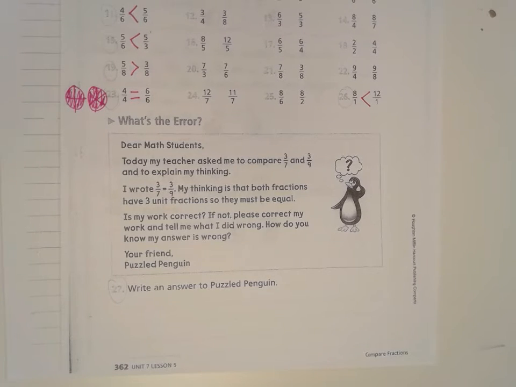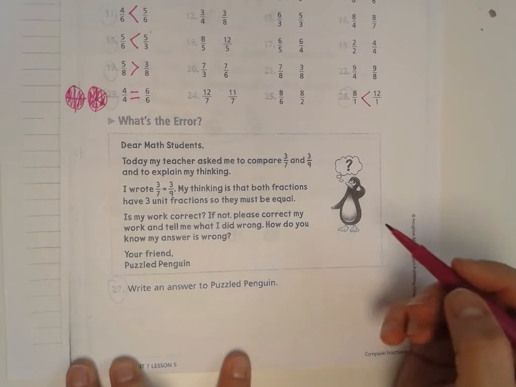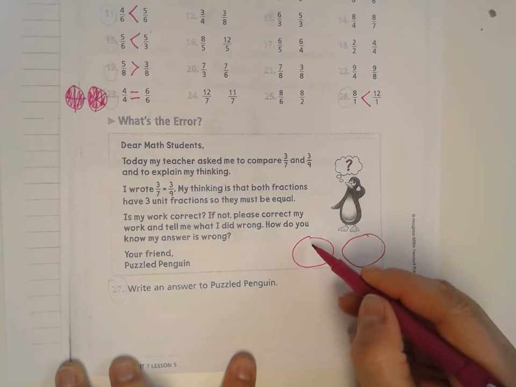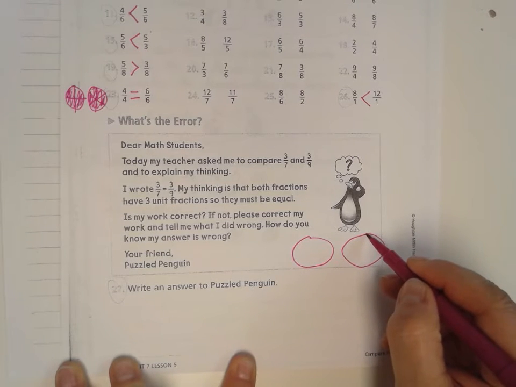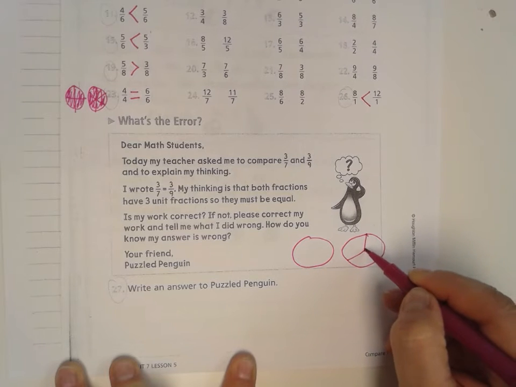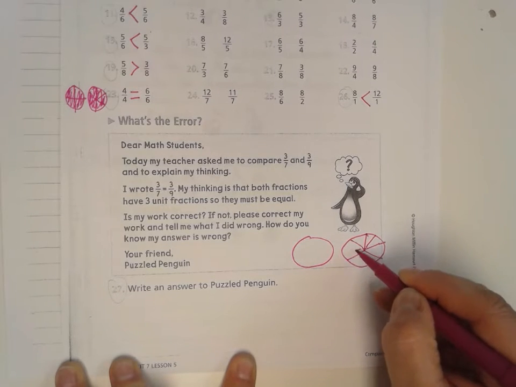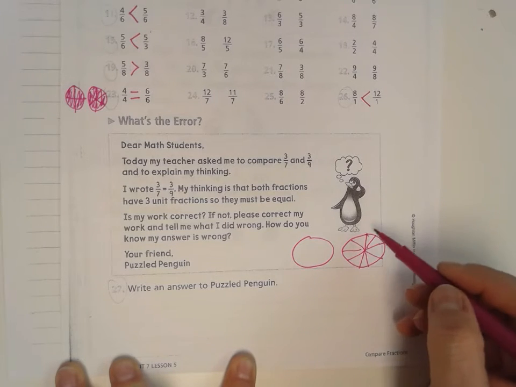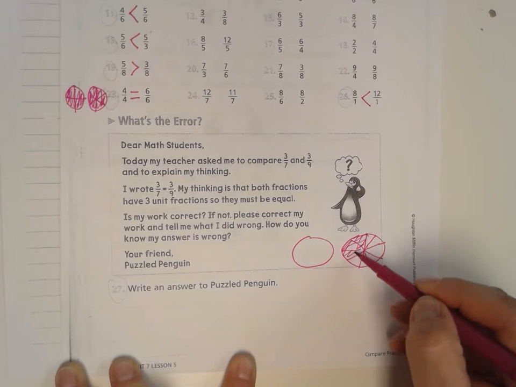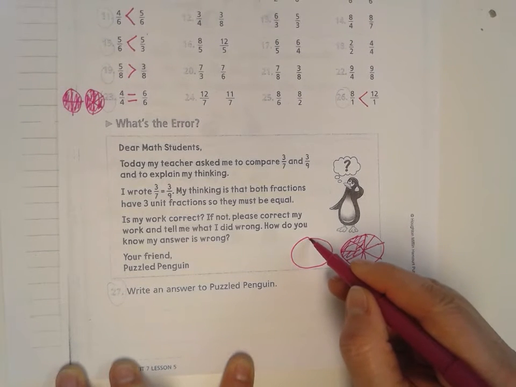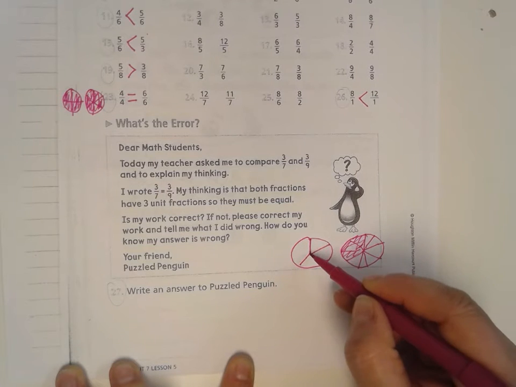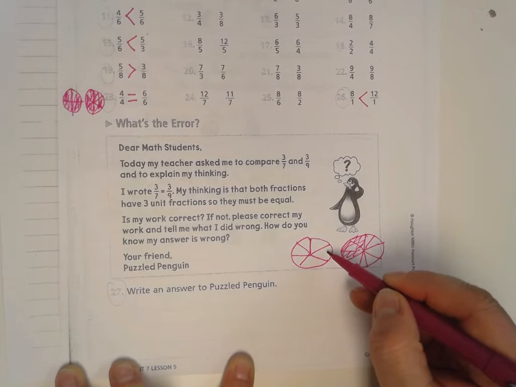How did you know my answer is wrong? Well, we could even draw him a picture. If we were trying to prove to him that he had the incorrect answer, 9ths is going to be a little dicey for me. There's 1, 2, 3, 4, 5, 6, 7, 8, 9. Three of those, 1, 2, 3. And 7ths, oh boy, that's probably not going to work out so well for me. 1, 2, 3, 4, 5, 6.